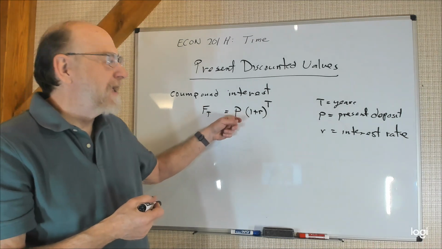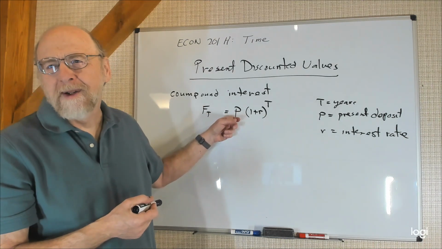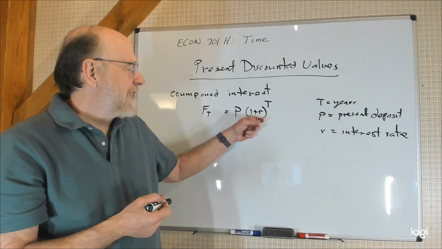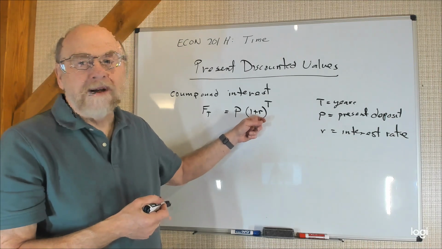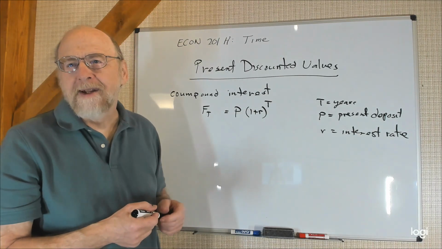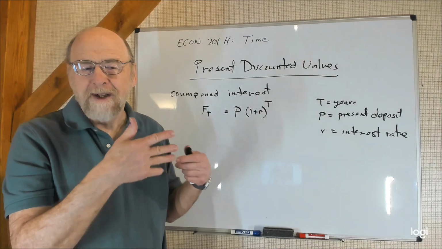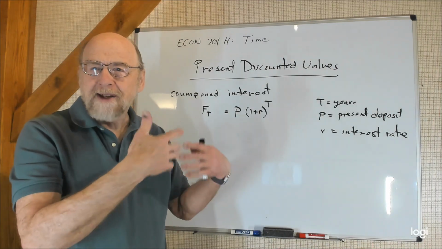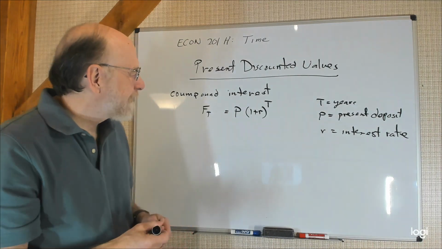And that's just P, the amount you put in, sometimes people call it the principal, times 1 plus R to the T, where T is the length of time that you leave the account alone and let this compounding process take place.